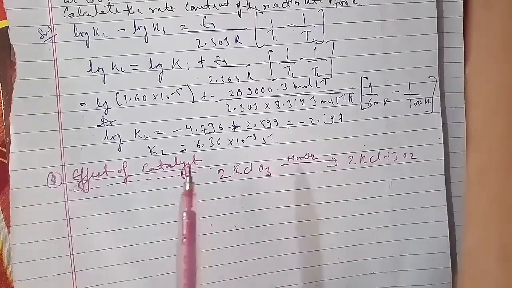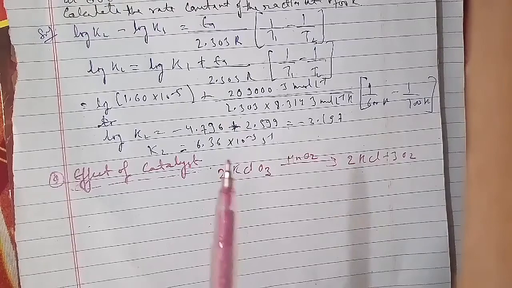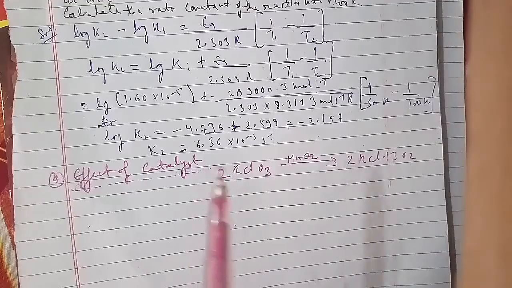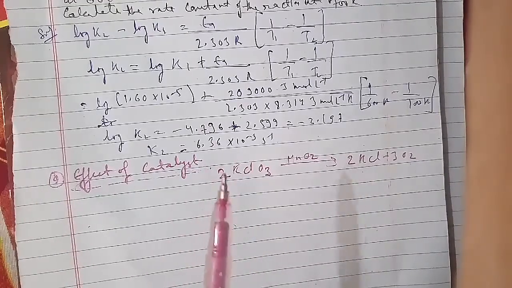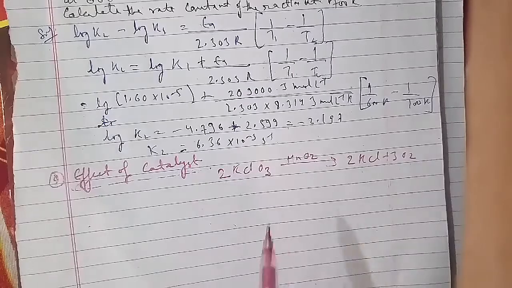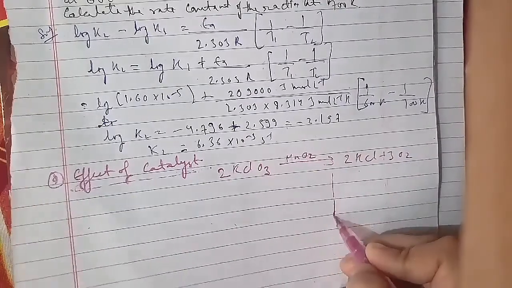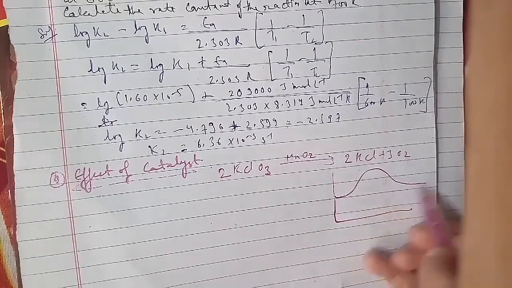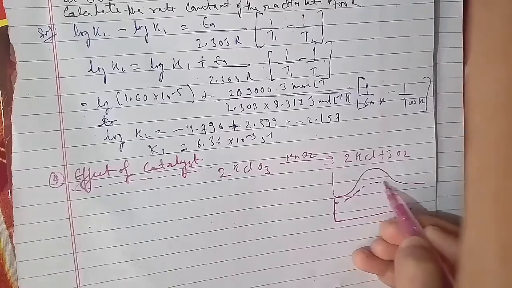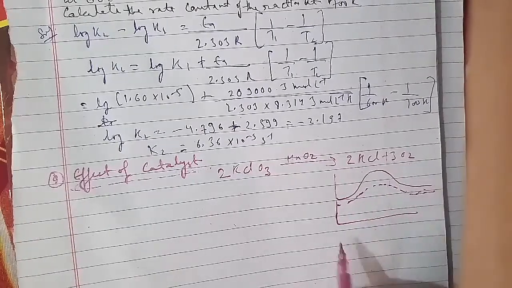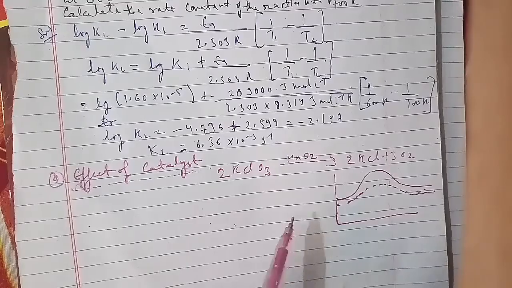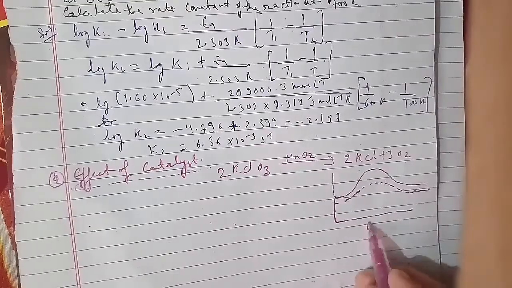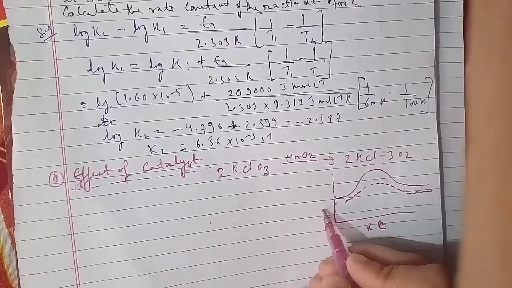This is potential energy versus reaction coordinate. This is the starting point, the reactants. This is the reaction pathway with catalyst, and the highest curve above is the reaction pathway without the catalyst. The lower one is the activation energy with catalyst, and this is the activation energy without catalyst, and at last we have the product here. So this is the effect of catalyst on activation energy.